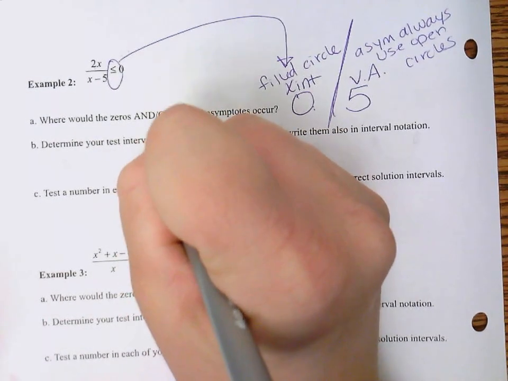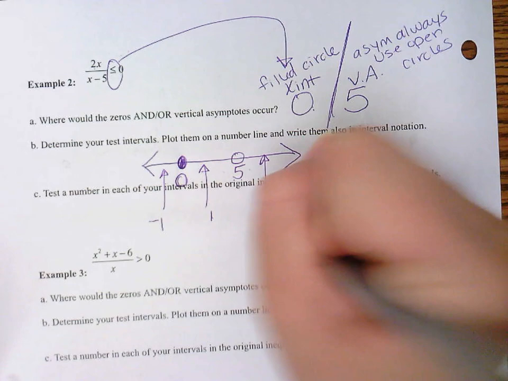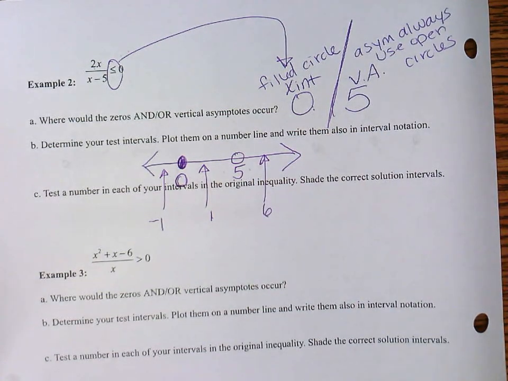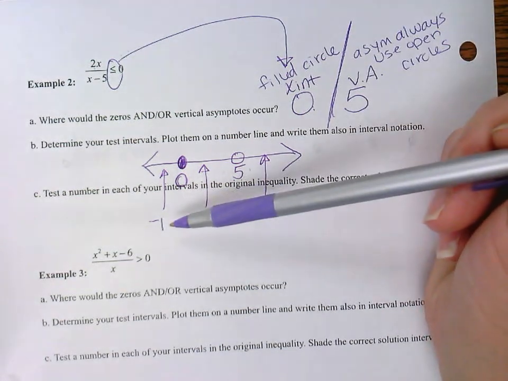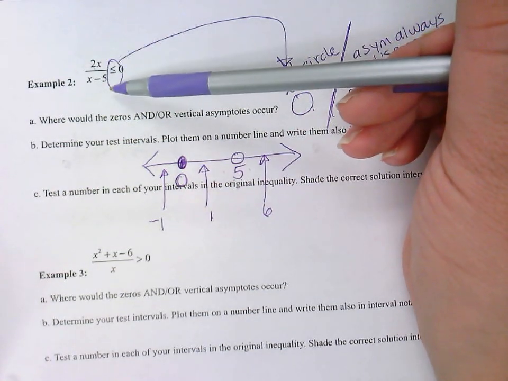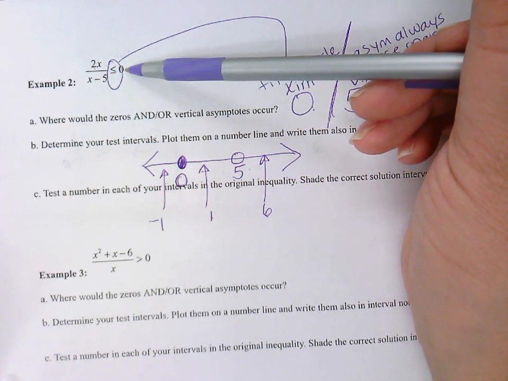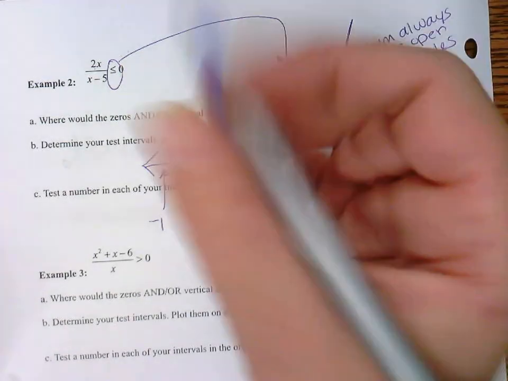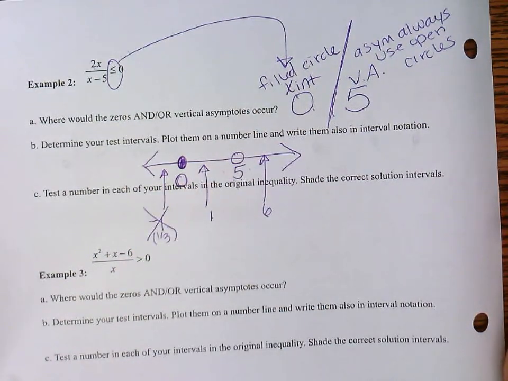So I'm going to plug in the points -1, +1, and +6, and see what I get up here. If I plug in -1, I'm going to get -2 over -6, which is +1/3. +1/3 is not less than 0. So that fails.